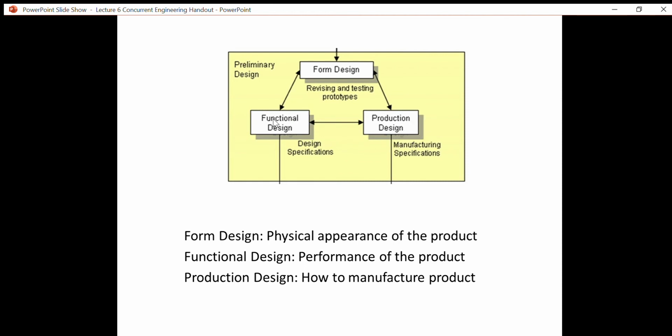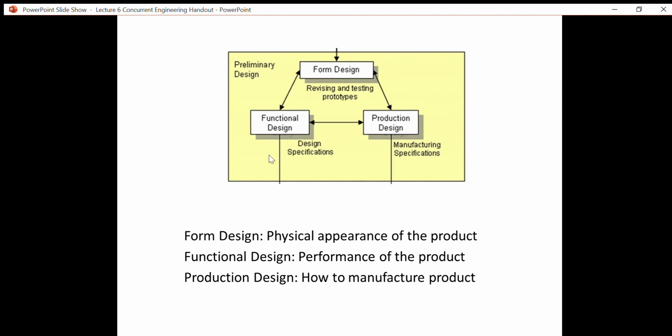And then functional design, which is related to the product itself. After they have developed the product, of course there is the product specification, the functionality, the features, and how to use the product. So they include it inside the design specification.